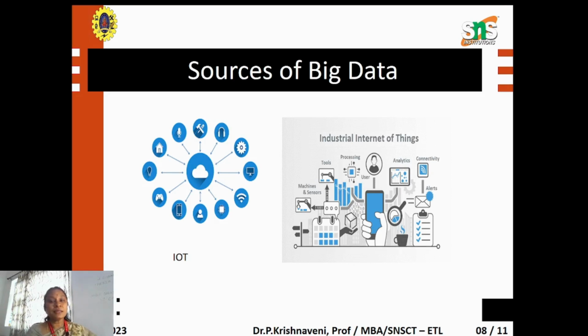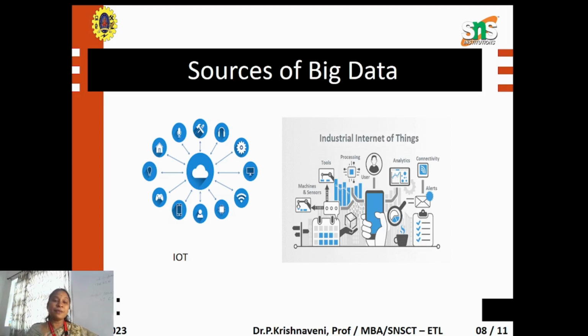And next, the big sources of big data. We are getting data from Twitter's own database, from our system, or through phone calls, voice calls, messages, or whatever it is. All these become data for a business. They are to be interconnected with the support of Internet of Things and Industrial Internet of Things.